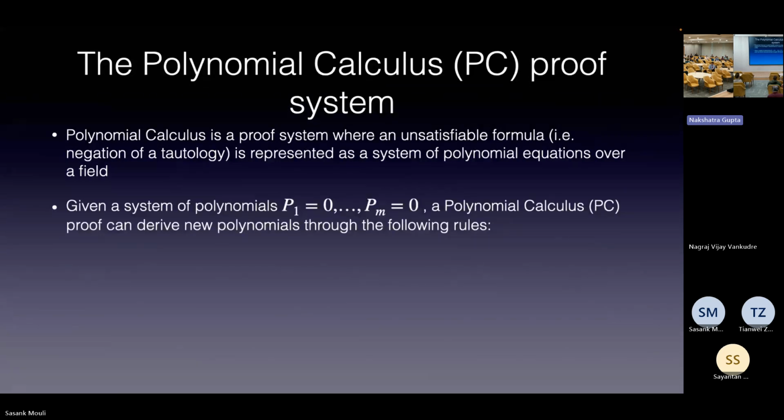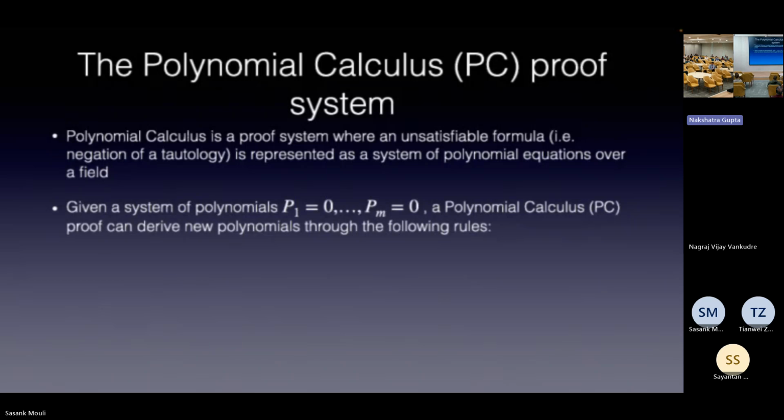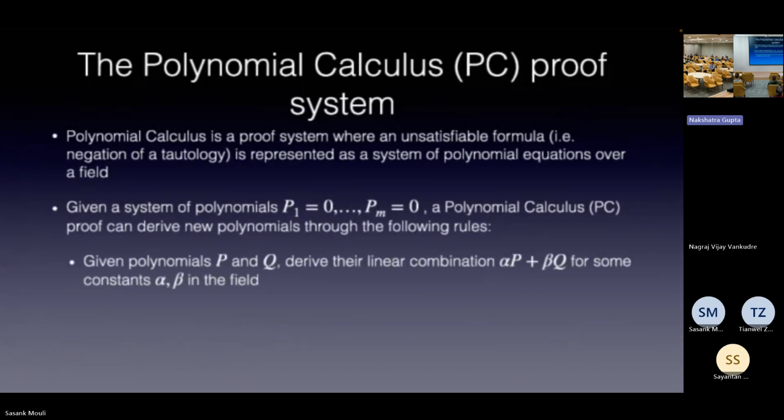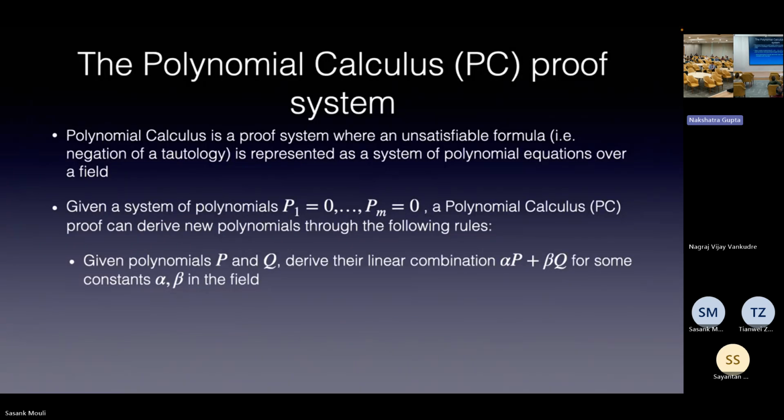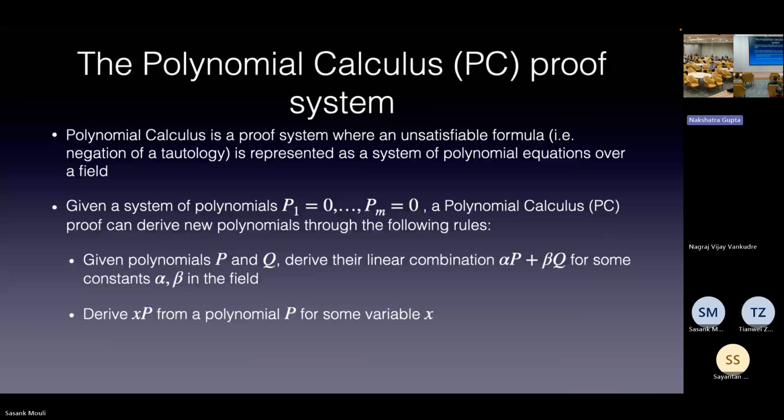Given this system of polynomial equations, a polynomial calculus proof is a derivation system where you can derive new polynomials from these initial axioms through two rules: given two polynomials, you can take any linear combination of them, and given a polynomial, you can multiply by a variable and derive a new polynomial.